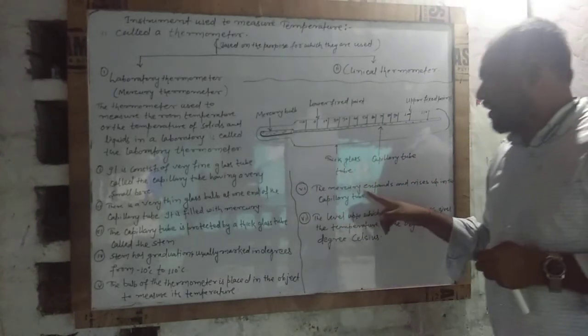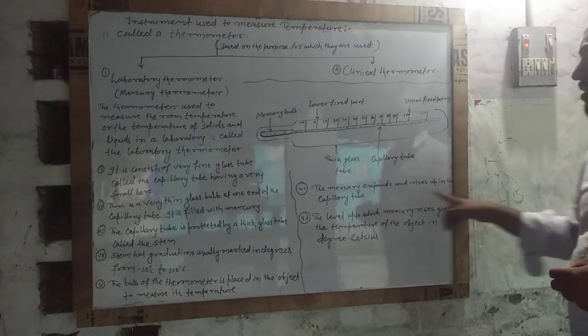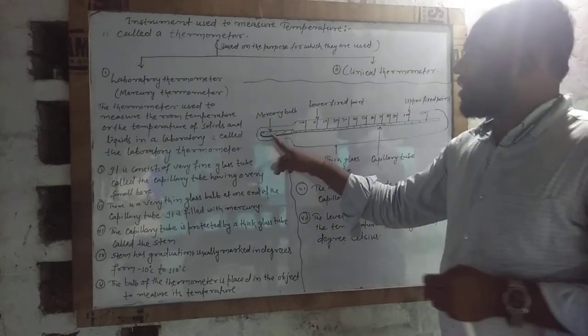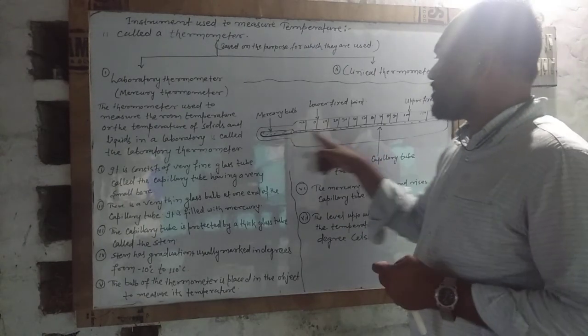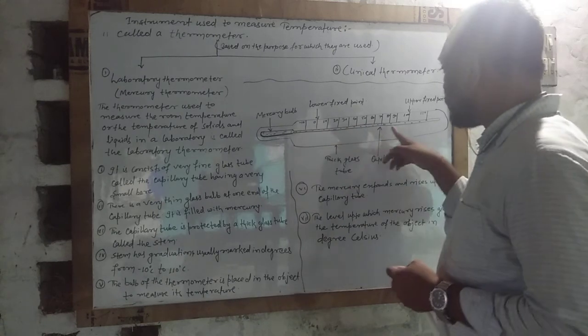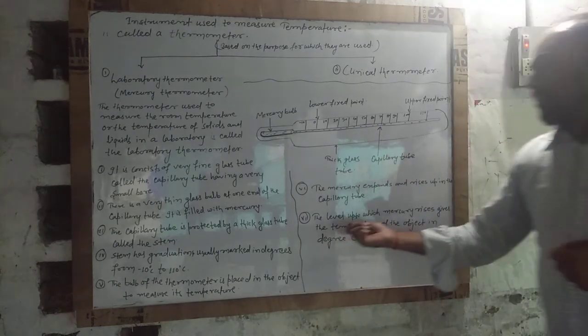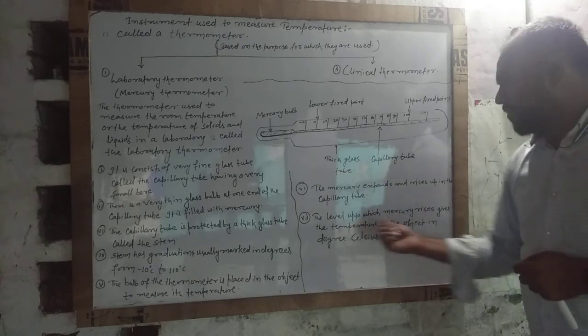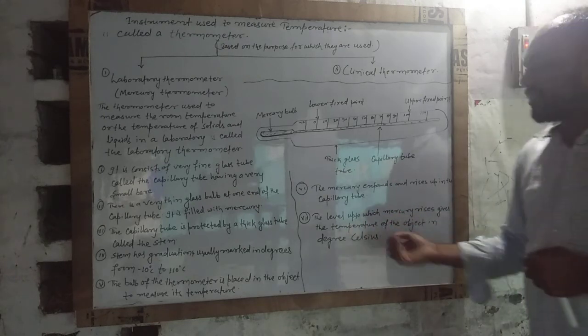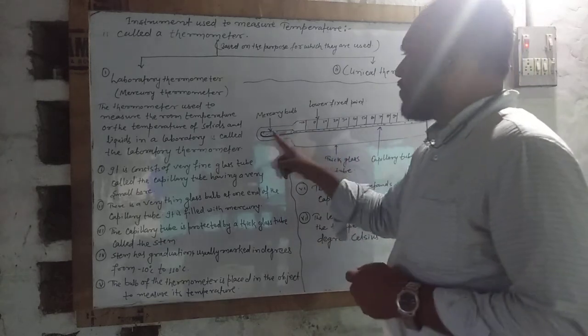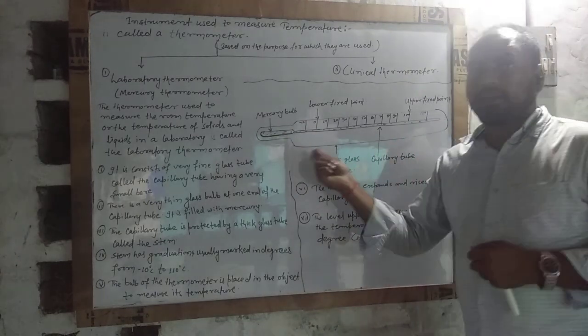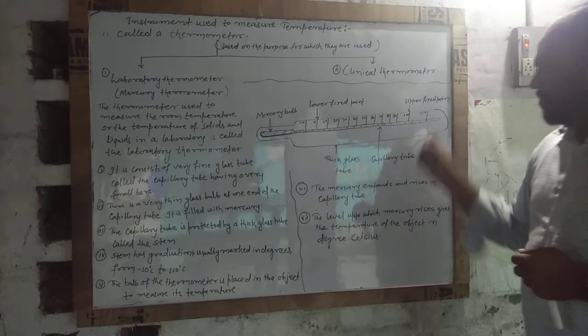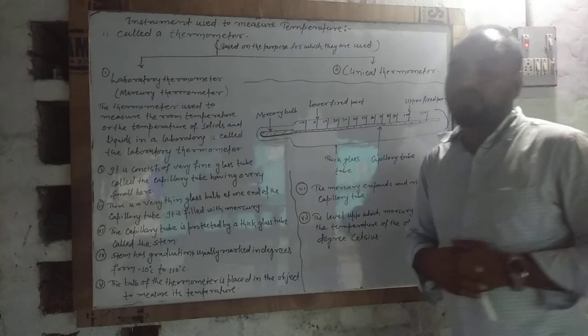The mercury expands and rises up in the capillary tube. The level up to which the mercury rises gives the temperature of the object in degrees Celsius. That will be the accurate temperature of that body.